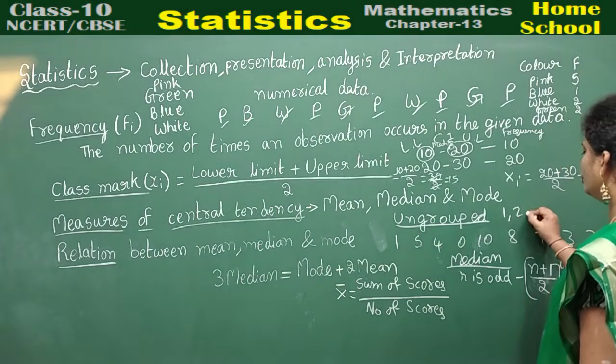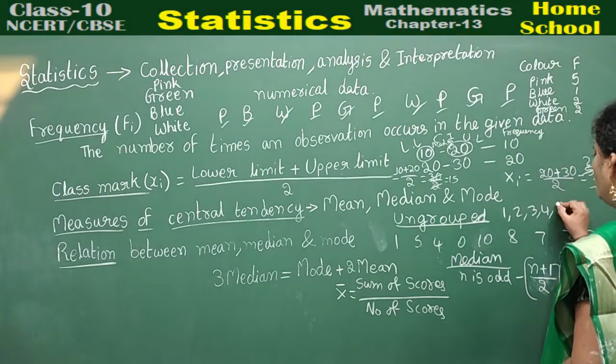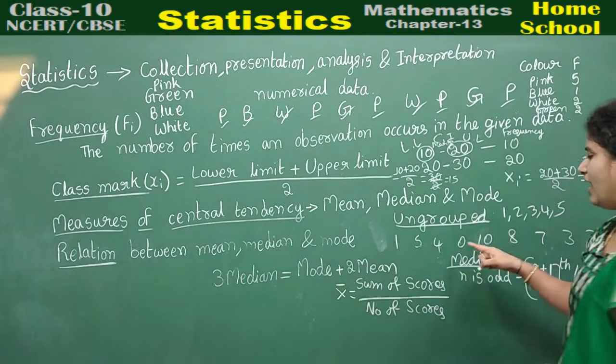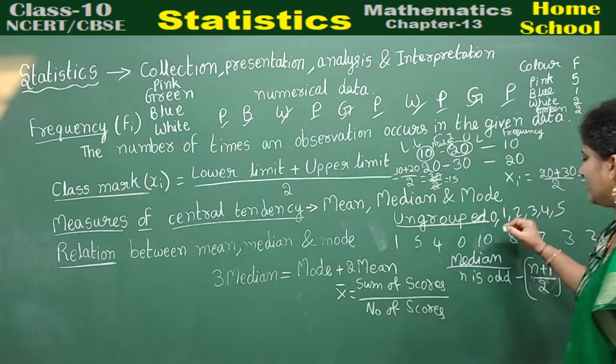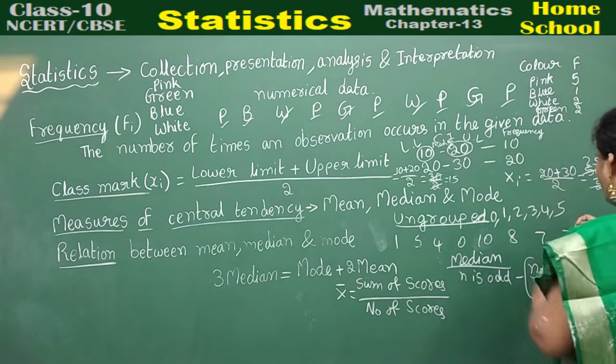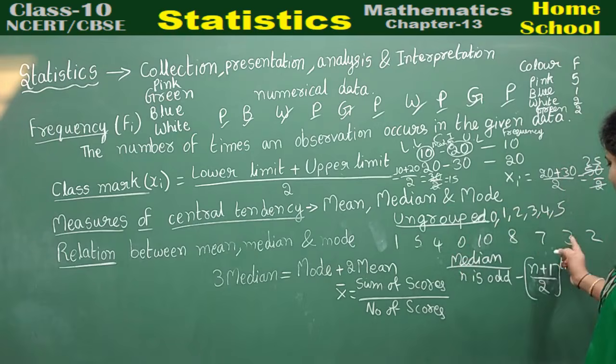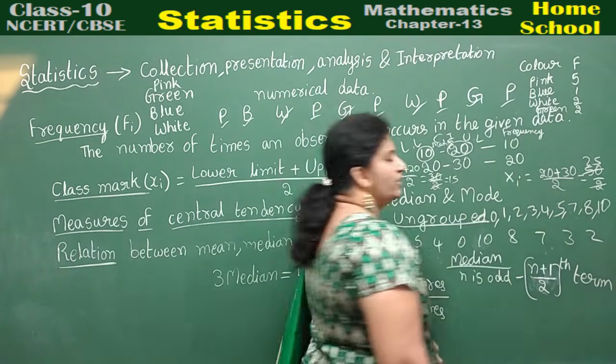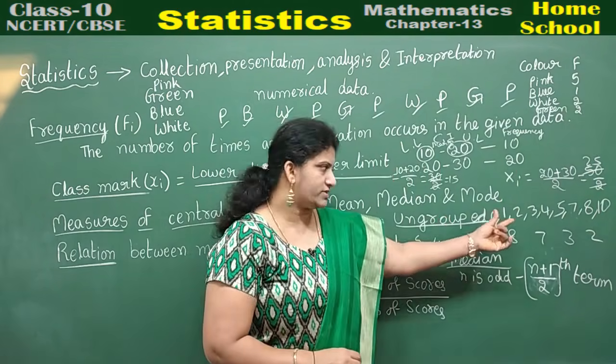Sorry, 0 is also there here. Arrange the data in ascending order: 0, 1, 2, 3, 4, 5, and you don't have 6, 7, 8, 10. 1, 2, 3, 4, 5, 6, 7, 8, 9. You have 9 scores here.